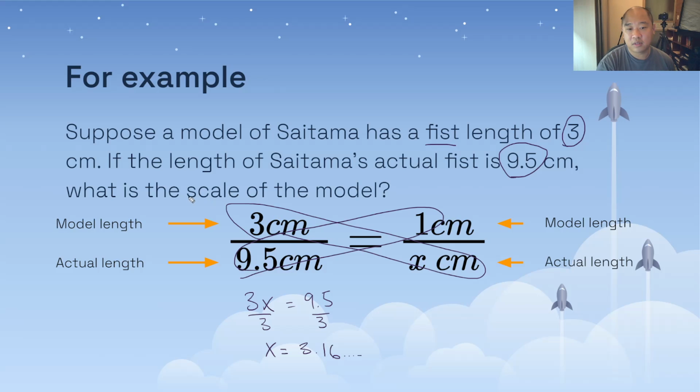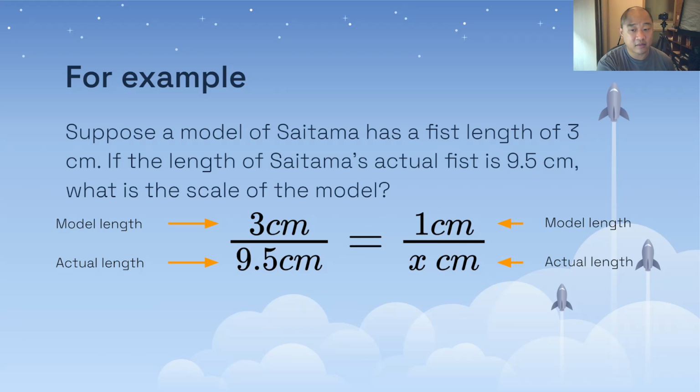So the scale of the model is 1 to 3.16. This is very similar to finding a unit rate, but not exactly, because in a unit rate the bottom is 1 and the units are different. Here we're talking about sometimes the same thing, sometimes not the same thing.